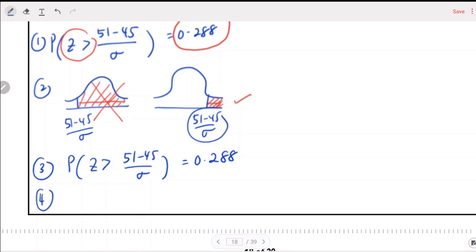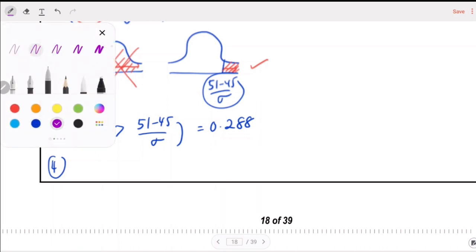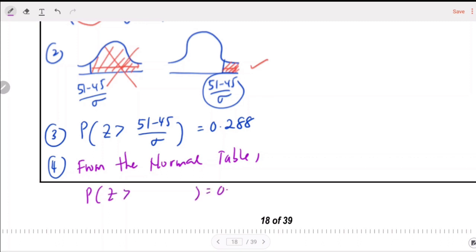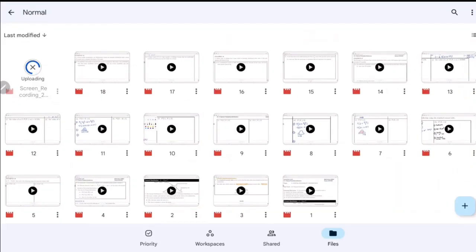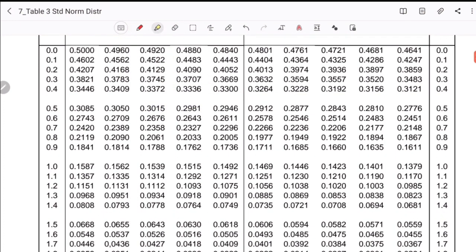Then for the last step, take a look at the standard normal table to find the value of Z that will give us probability 0.288. From the standard normal table, find the probability of Z that will give you 0.288.